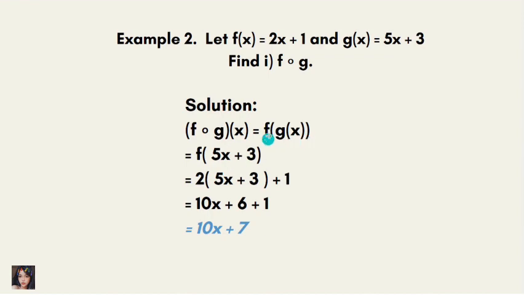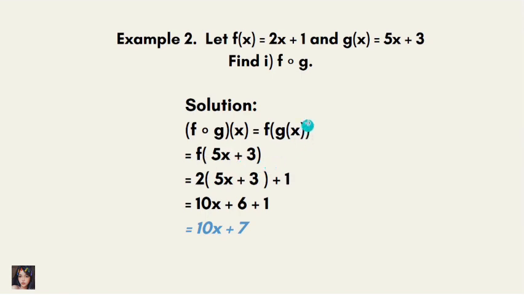Since this is f of g of x, we will substitute the value of g of x into f of x. So we have here this, as you can see, we substitute the value of g of x, which is 5x plus 3, into f of x.